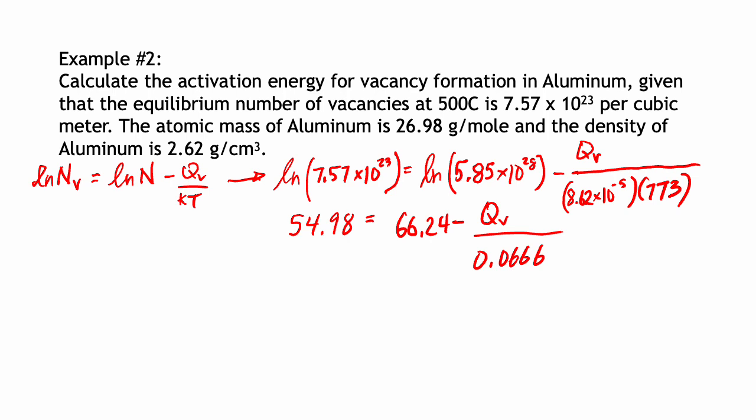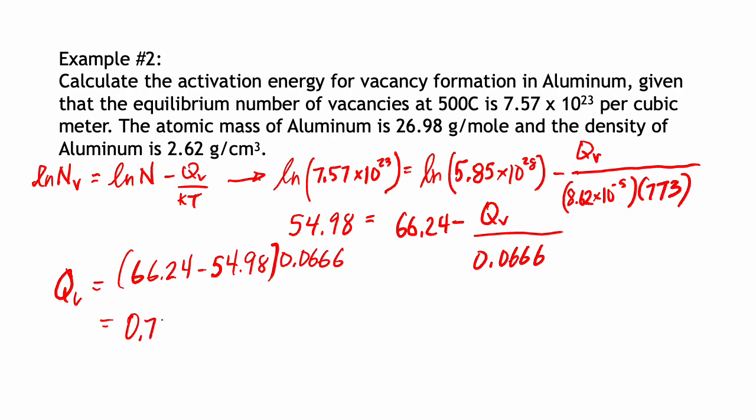Okay, so Q sub V is going to be equal to 66.24 minus 54.98 times 0.0666. And so Q sub V is 0.75 electron volts per atom.